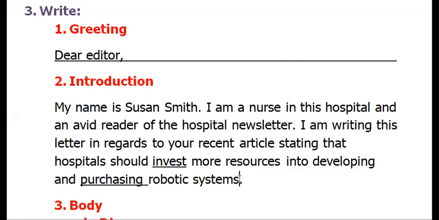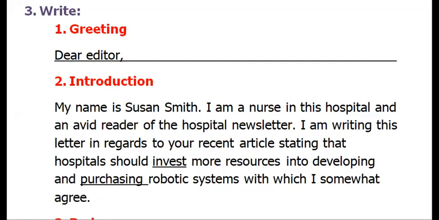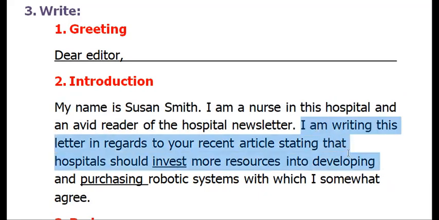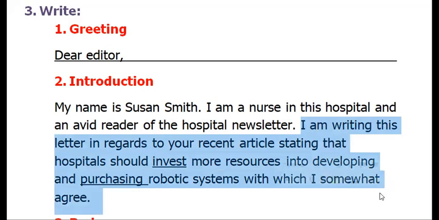And now we need to add our opinion. So to say, with which I completely agree or completely disagree or somewhat agree, somewhat disagree. I would say I somewhat agree. So with which I somewhat agree. And this is our opinion part of the introduction. So basically, as you can see, you introduce yourself, say why you're writing the letter, and also if you agree or disagree.